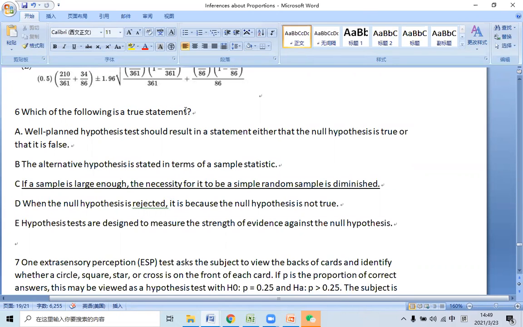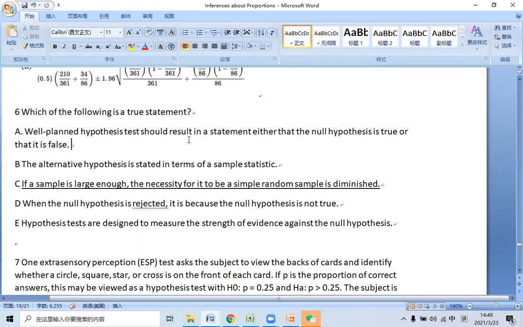Which of the following is a true statement? Let's look at this one. Options. Number 1. A well-planned hypothesis test should result in a statement either that the null hypothesis is true or that it is false.